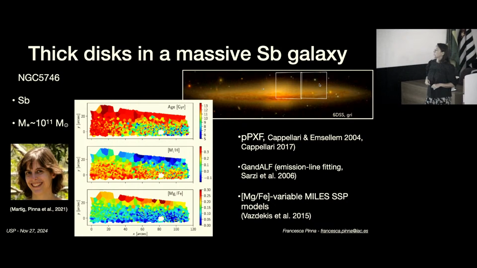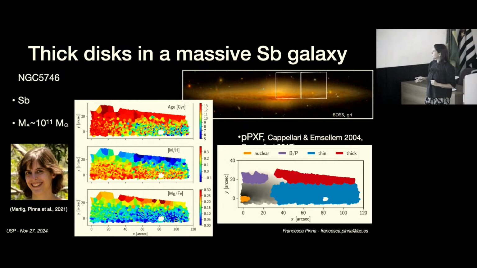And these were the stellar population maps that we found. So again, we have age, metallicity, and magnesium over iron from top to bottom. And if we want to analyze the regions that are dominated by the thick and the thin disk, we have to compare to the morphological decomposition, which is here on the right side.